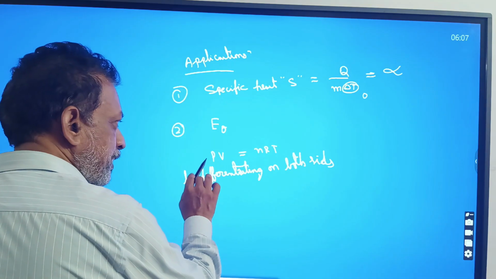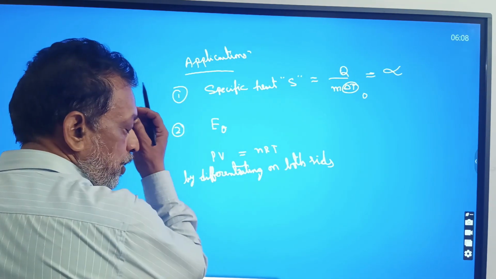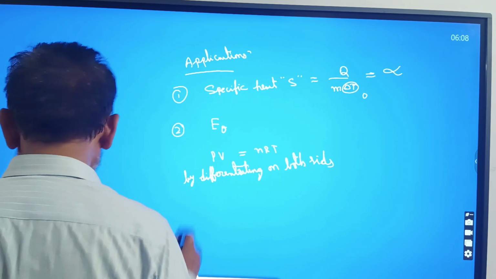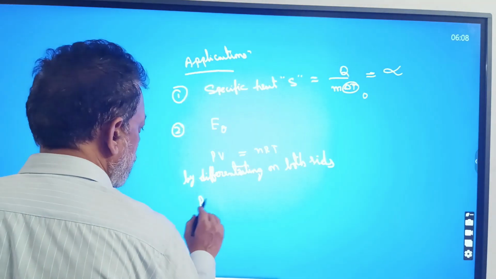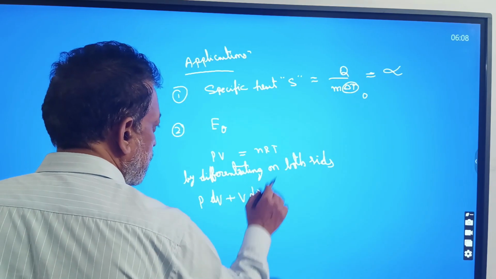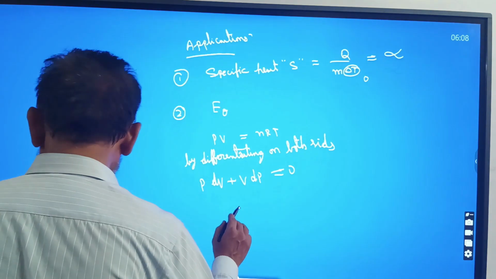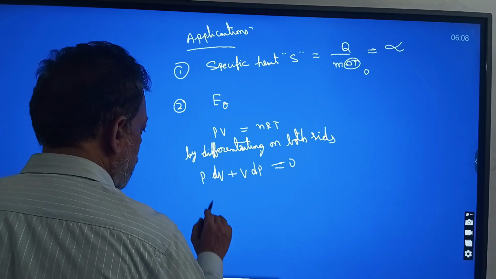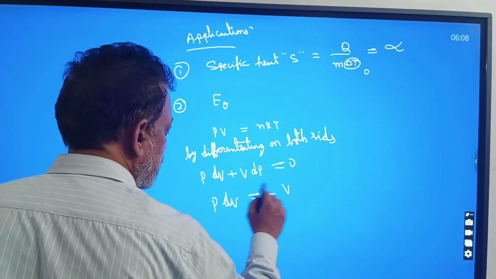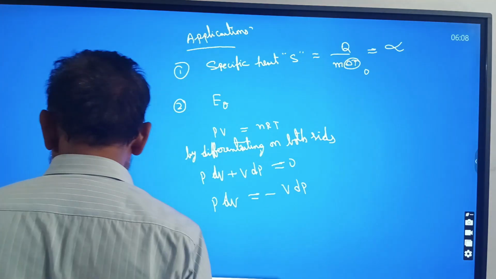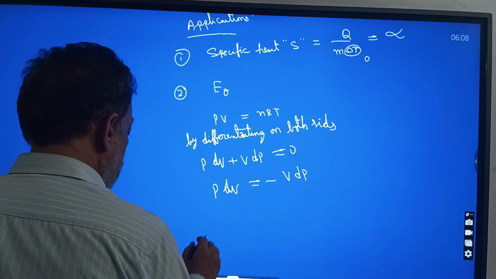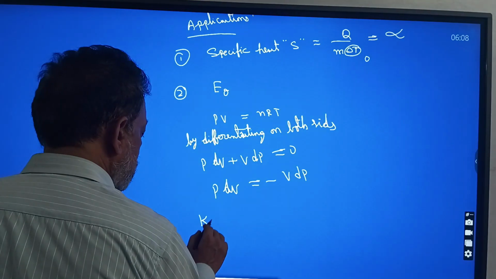Pressure is varying and volume is varying, so we use the UV product differentiation method. First keep pressure constant and change the volume, plus keep volume constant and change the pressure. The constant gives zero. Now, P dV plus V dP is equal to 0, so P dV is equal to minus V dP.